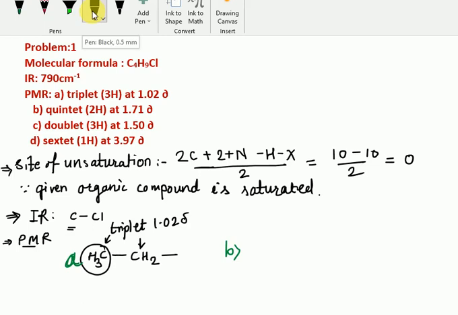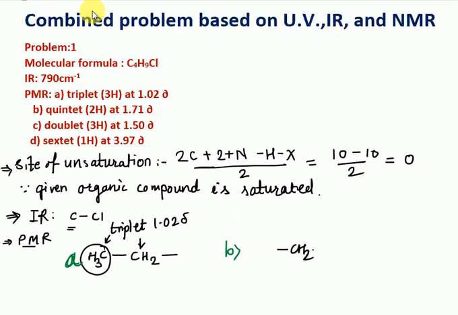If we see B, quintet, the 2 hydrogen, CH2, these 2 hydrogen give the quintet. Quintet means 5 signals, which indicates the presence of a total of 4 neighboring hydrogen.